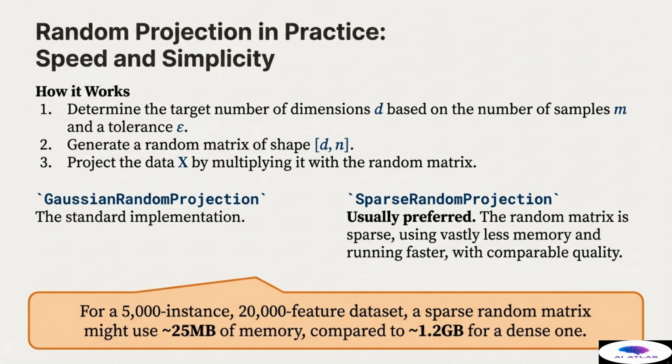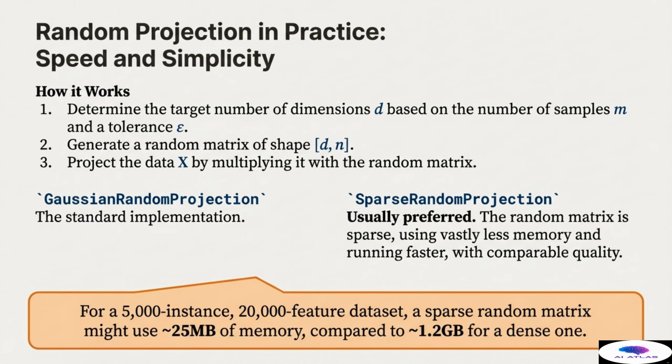The first is Gaussian random projection, which is the standard implementation using a dense random matrix. The second, and usually preferred, is sparse random projection. In this implementation, the random matrix is sparse, meaning most of its entries are 0. Using a sparse matrix drastically reduces memory consumption and allows the algorithm to run much faster, all while achieving comparable quality and distance preservation.